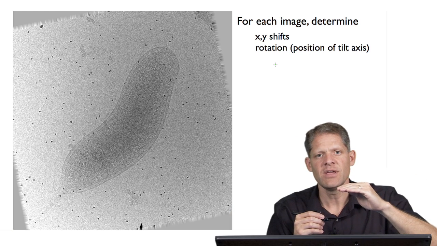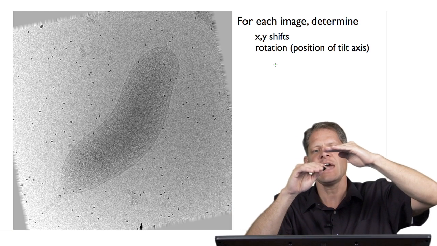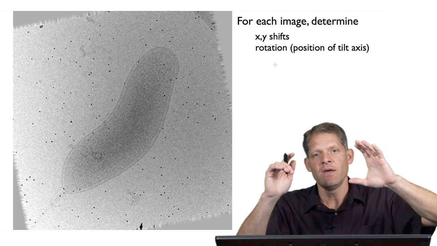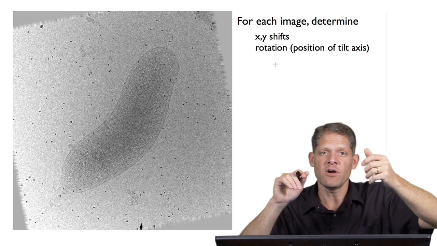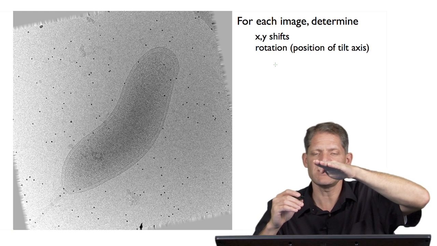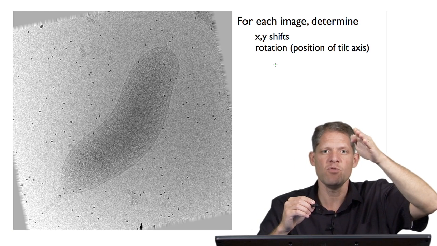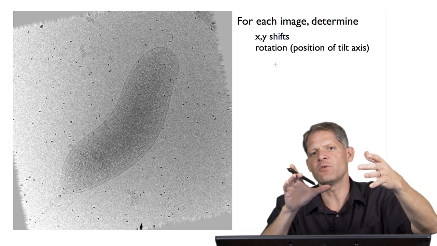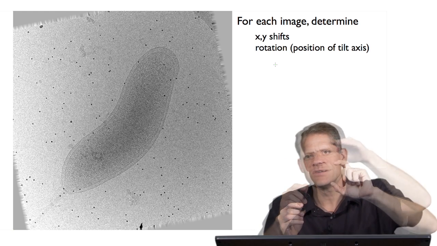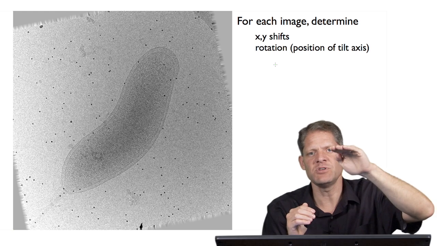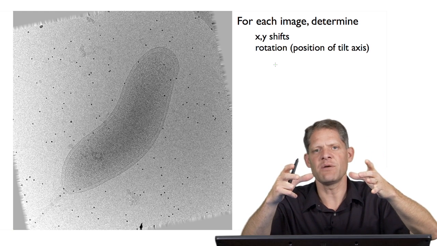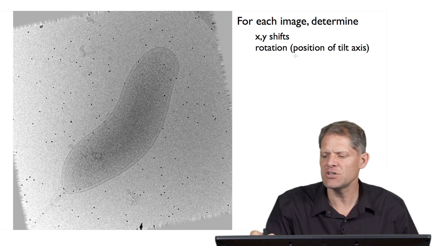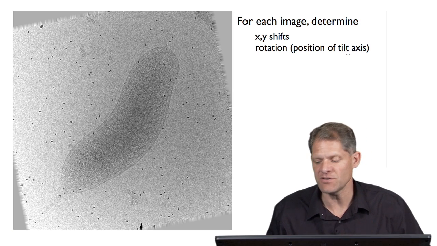And the rotation is dependent on exactly how high the sample is in the objective lens. And so because of that, even though we are shifting focus along the way to keep our sample in focus as it moves within the microscope, nevertheless there are subtle shifts in the rotation of the image because the sample was at slightly different heights within the objective lens. And so the images that appear are slightly rotated, one with respect to another. So we have to determine the position of the tilt axis in each of the images.